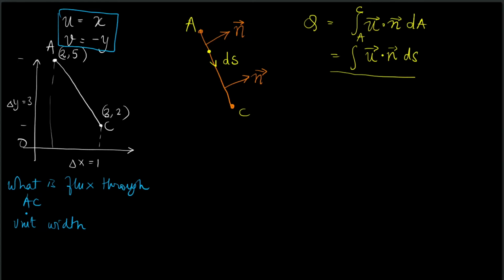We're going to make use of certain properties of the flow field. Notice that del u del x plus del v del y is equal to 1 minus 1, and it is equal to 0. And this implies that the flow field is incompressible.